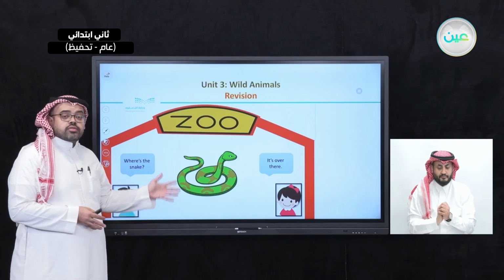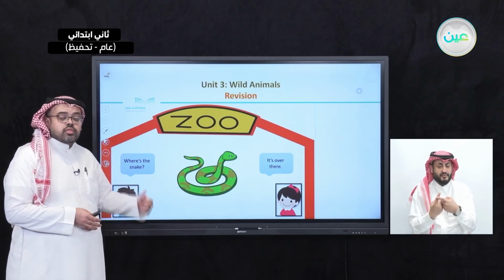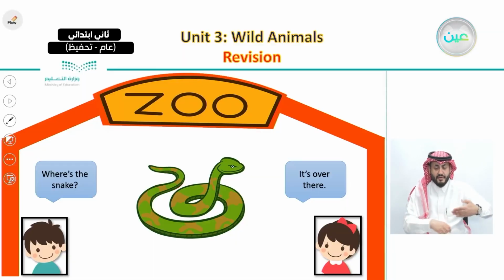So these are the animals that we learned about in the first lesson: the lion, the elephant, the baby monkey, and also the last one here, which is the snake.